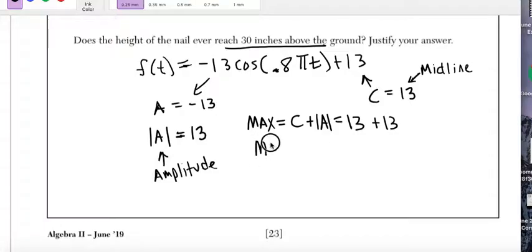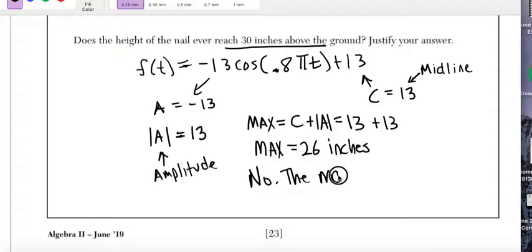Then the maximum is 26 inches. So the answer to the question is no. The maximum height is 26 inches. And we justified our answer right there.